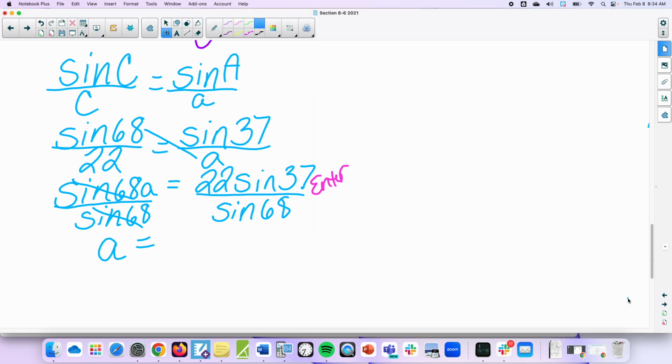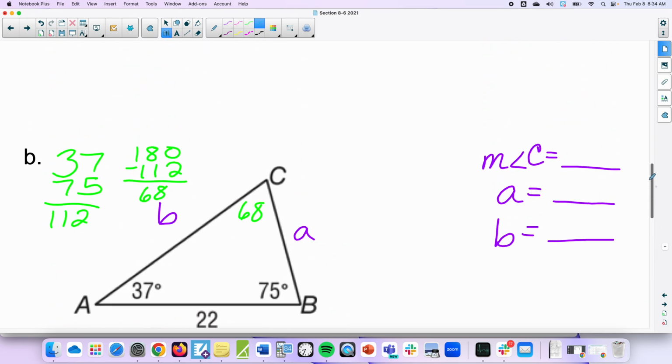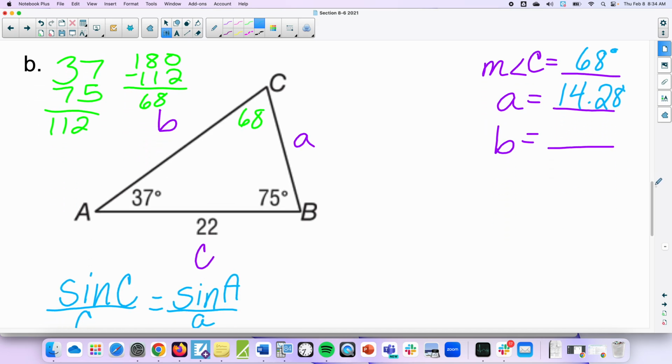Okay, so this is 14.28. So that would be this little a right here. And we did find angle C to be 68 degrees. Now we just have to do that same thing, and we need to find our B.